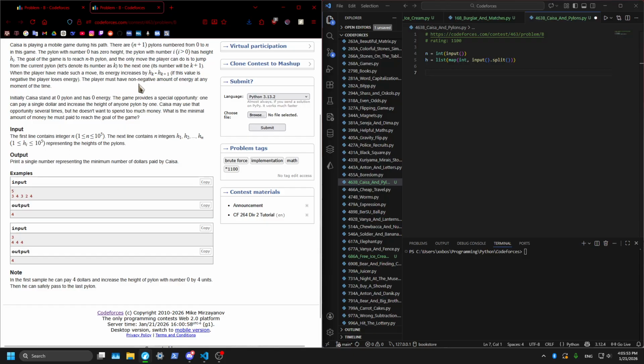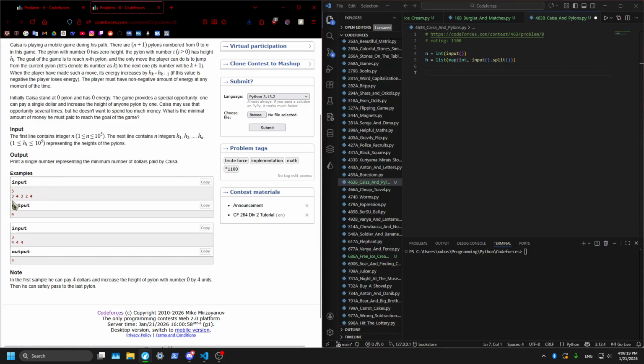Its energy increases by... Okay. 4 minus 1, so 4 energy. 3 minus 2, 1 is 5 energy. 2 minus 4.